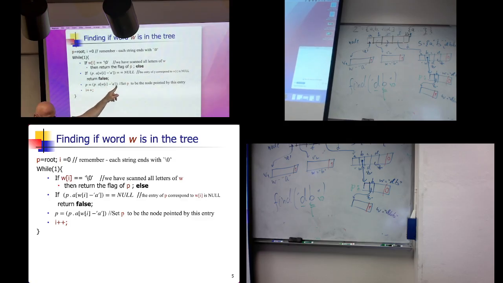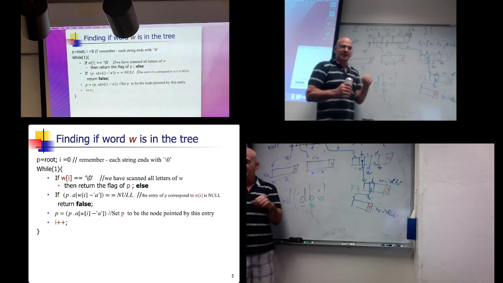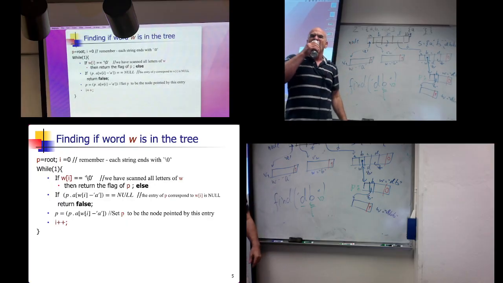Do you understand what it means? What is written here in the parentheses is just the number 0 if W of I is A, 1 if W of I is B, because it's B minus A in ASCII. They're coming next to each other. If W of I is C, then you're getting 2 over here, which means I'm looking at the third cell in this array.